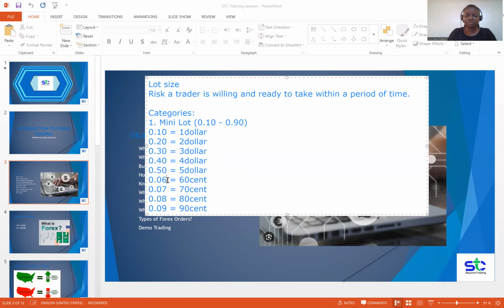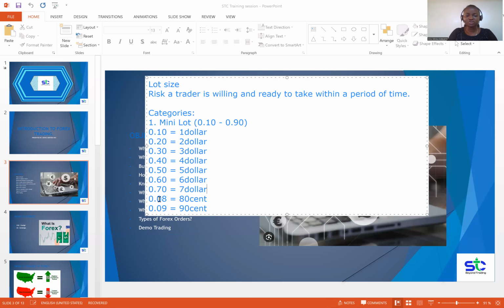If you decide to use 0.6, every pip's movement is $6. If you decide to use 0.7, every pip's movement is $7.